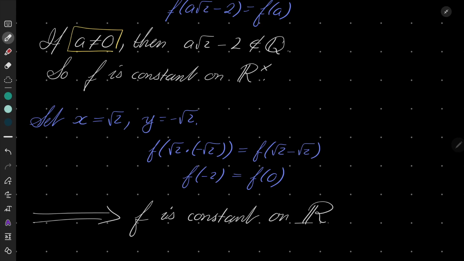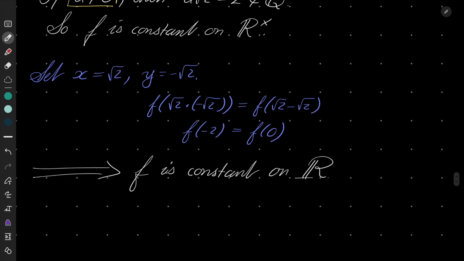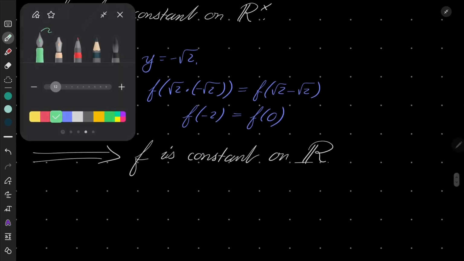Okay, so only constant functions can satisfy our functional equation, and it's pretty easy to see that every constant function satisfies our equation, because on both sides we have the same constant. So finally, solutions.